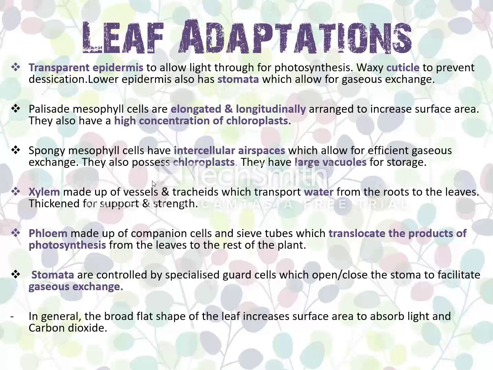We know that the xylem is used to transport water from the roots to the leaves. We know that phloem is going to transport the food. Remember, phloem, not flow, pH, but sound for phloem, for food. So phloem will transport the food, the glucose, to the rest of the plant.